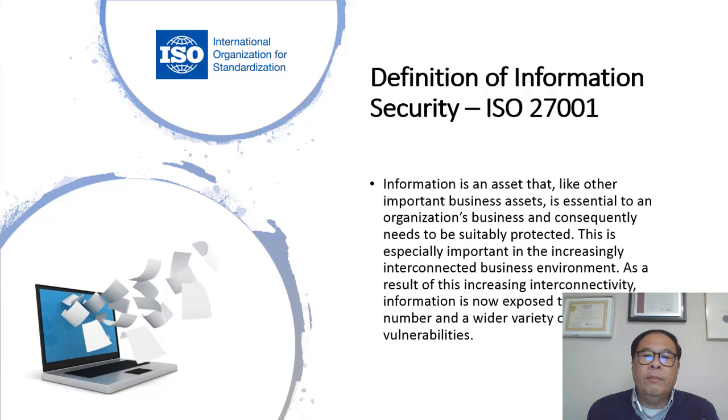Like any other important business asset, it is essential to an organization's business and consequently needs to be suitably protected. This is especially important in an increasingly interconnected business environment. As a result of this increasing interconnectivity, information is now more exposed to a growing number and variety of threats and vulnerabilities. This is actually a very good definition.